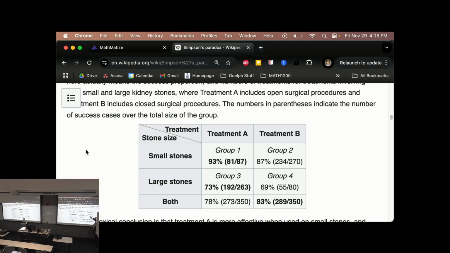They tend to do very well with treatment B. And you notice that they relatively rarely use treatment A on small stones. Large stones, though, are ones where they're much more focused on a successful outcome, so they're much more likely to use treatment A. That's where that weird bias comes in: when you get the combined groups, it's not telling the proper story of which is the best treatment.